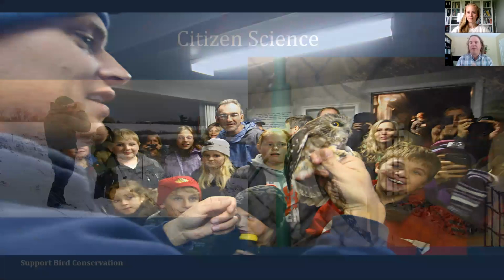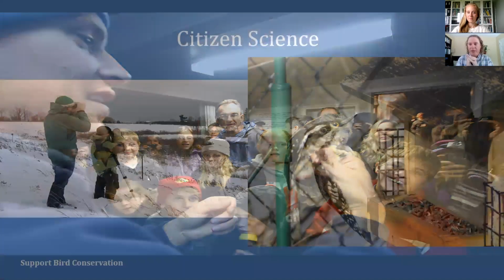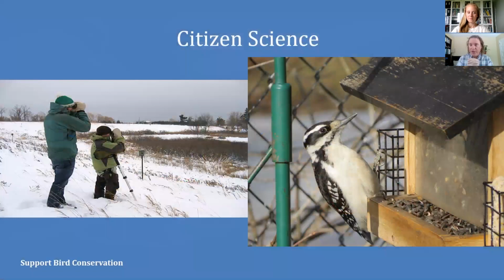Okay, so let's end off with ways that people can support bird conservation by getting involved. The term citizen science refers to volunteer-based programs that use volunteers out there collecting data so that researchers can use that massive amount of data to do research, or ideally to achieve conservation goals, to inform policy changes or land use changes or whatever.